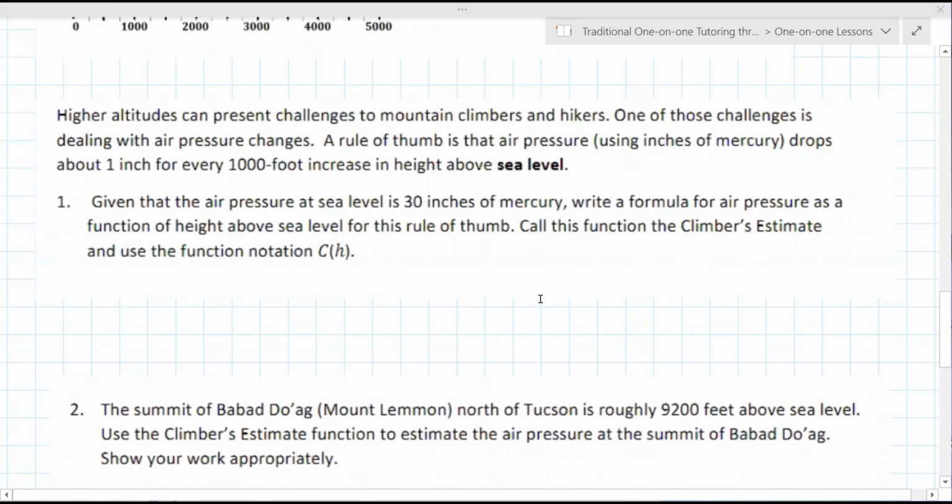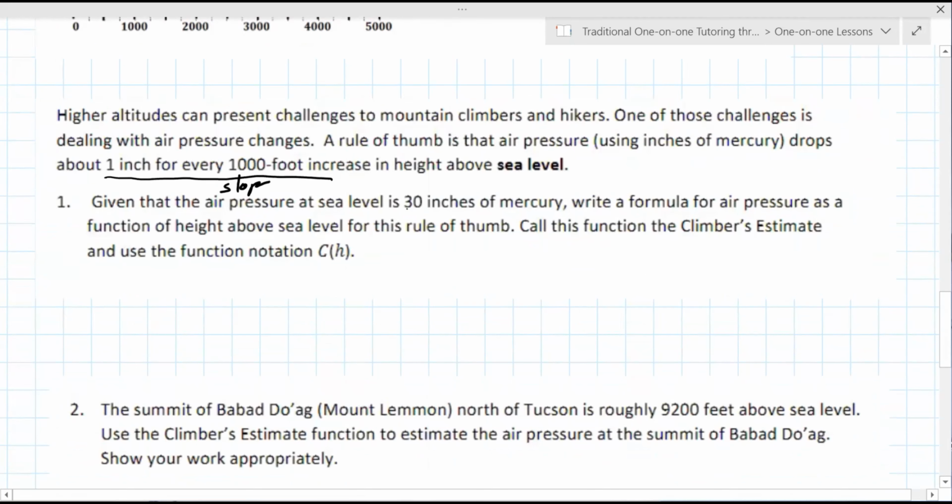All right, so we're going to go back and look at this. It says higher altitudes can present a challenge to mountain climbers and hikers. One of those challenges is dealing with air pressure changes. So the rule of thumb is that air pressure drops about 1 inch for every 1,000 foot increase in height above sea level. Okay, so this is the slope, by the way.